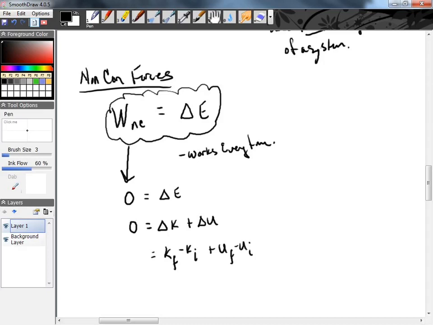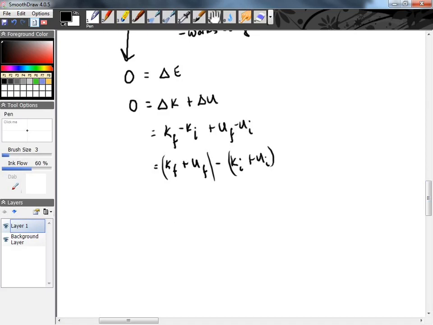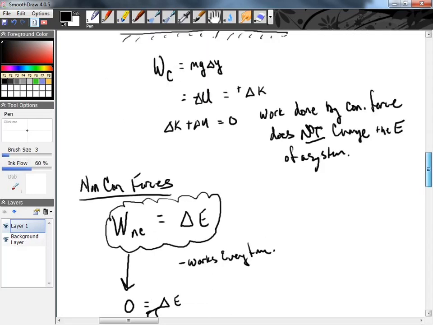And we can regroup these to give us K final plus U final minus K initial plus U initial. But this just becomes our total energy, which is that. Okay.